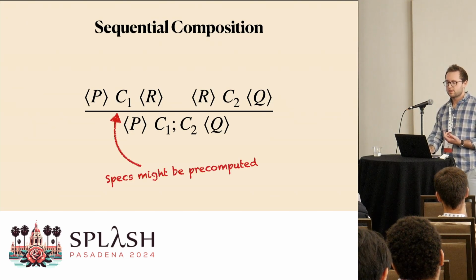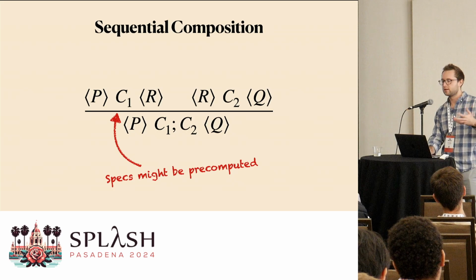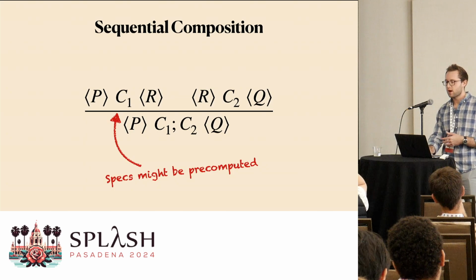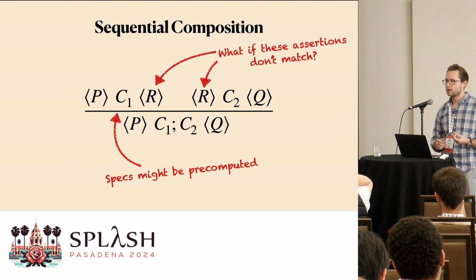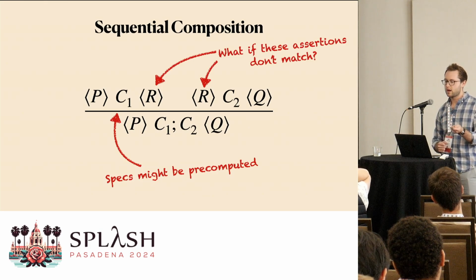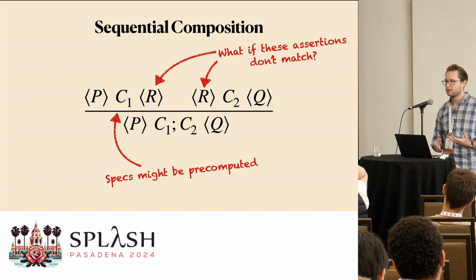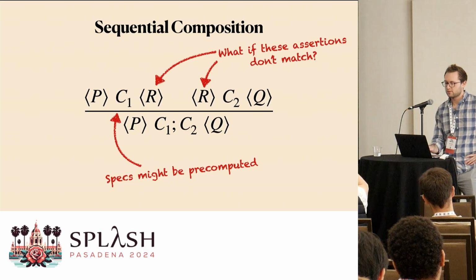The problem is that these specs that we see here in the premise of the sequential composition rule might be pre-computed, right? So we may not want to go back and reanalyze the procedures that they refer to. And the particular problem is that the pre-computed specifications may not actually match up, right? So the postcondition of the first one might not match the precondition of the second.